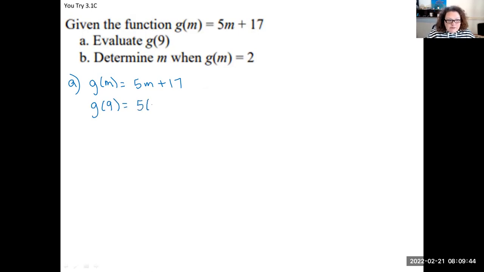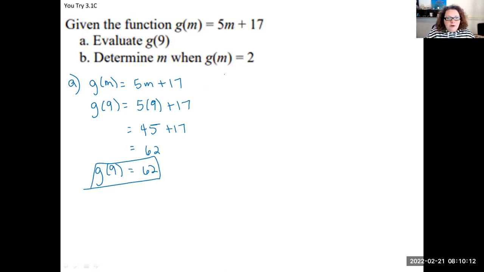So 5 times 9 plus 17. 5 times 9 is 45. Plus 17, 8, 9, 10, 11, 12 is 62. So the function g, when m is 9, is equal to the output of 62.